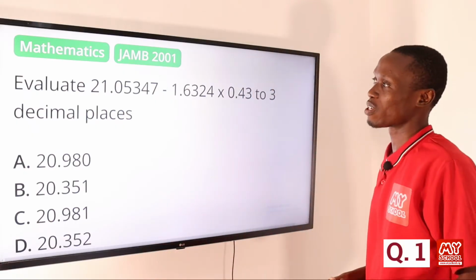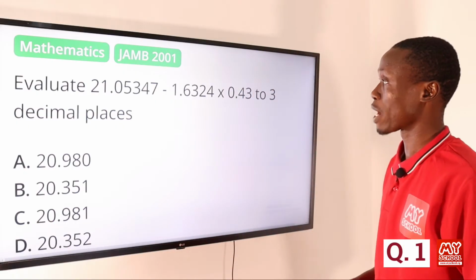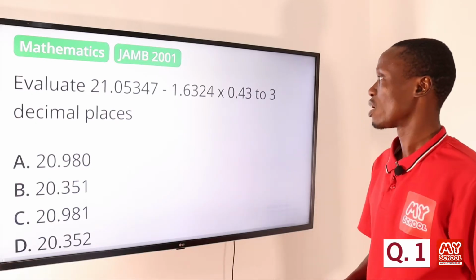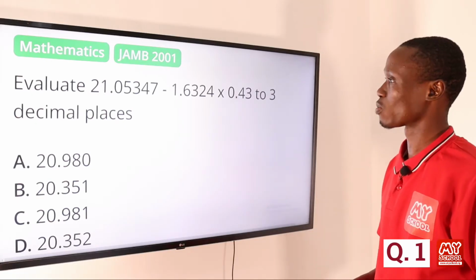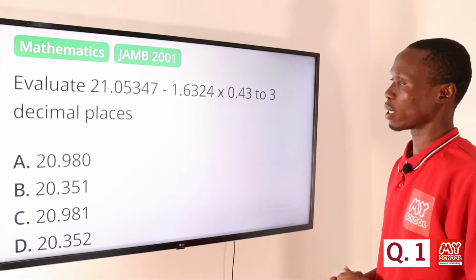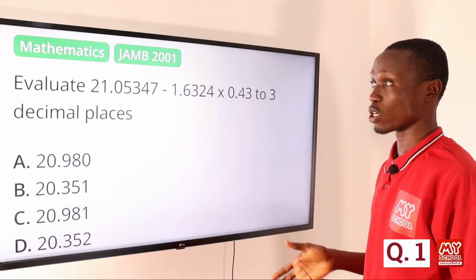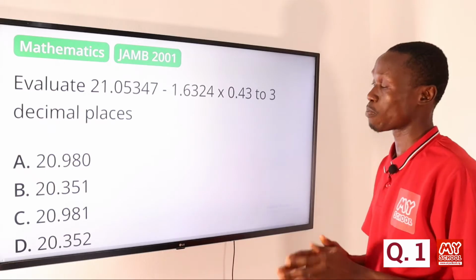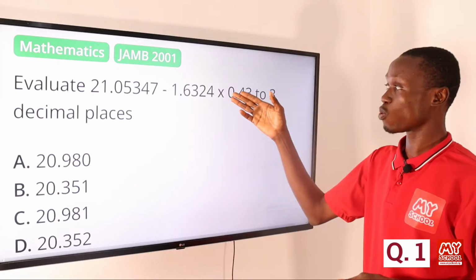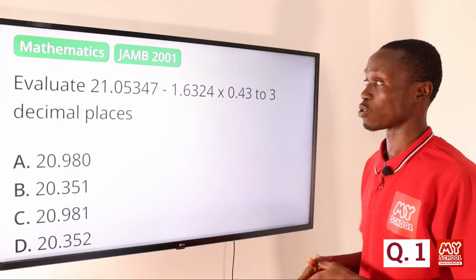Evaluate 21.05347 minus 1.6324 times 0.43 to 3 decimal places. Okay, so basically to answer this question, you have to apply BODMAS. In BODMAS, first of all, you have to deal with the multiplication before you deal with the subtraction.